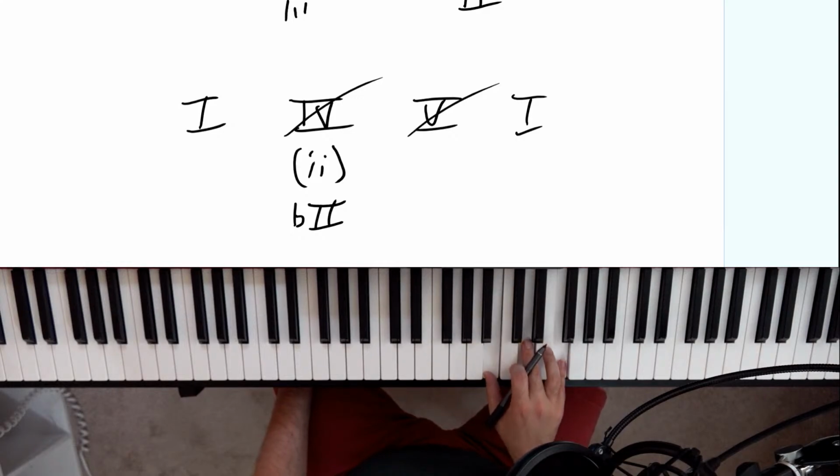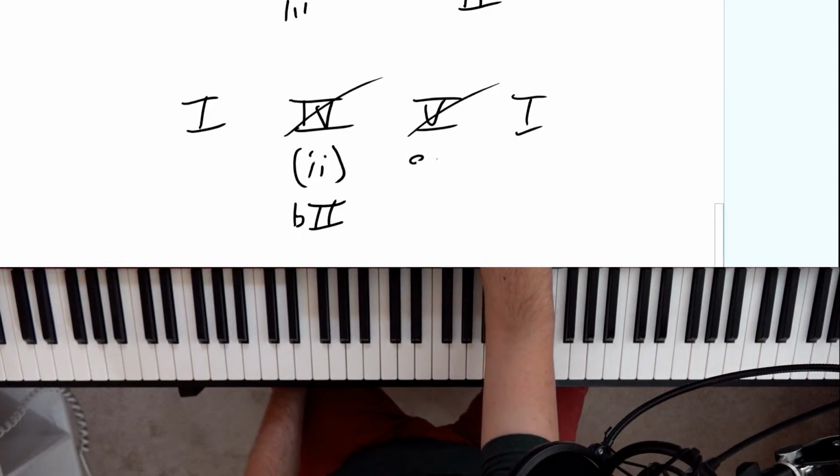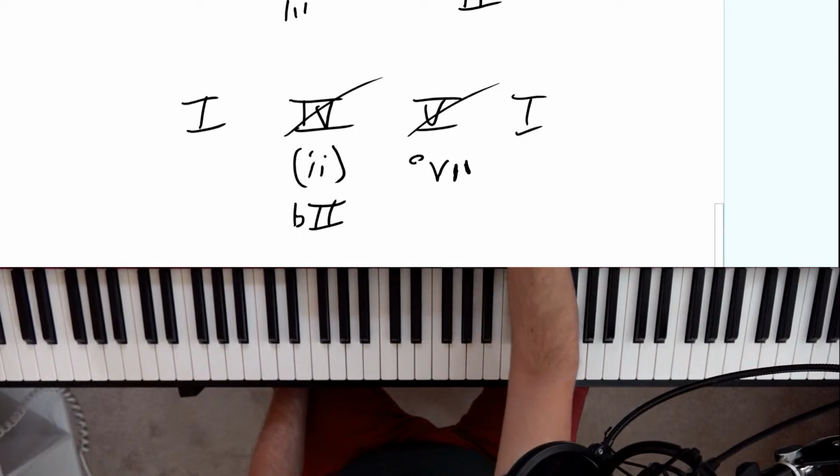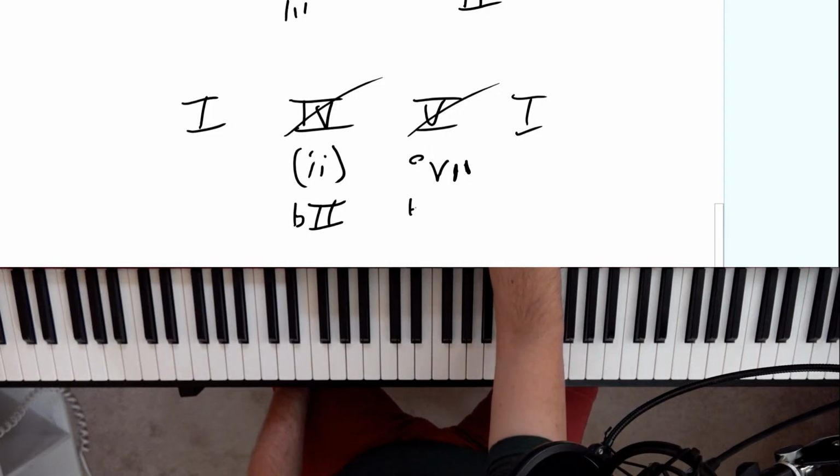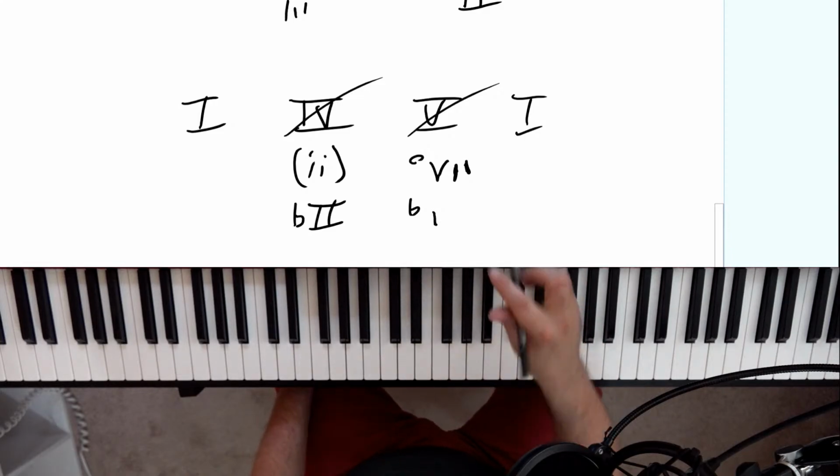Instead of a B, so normally it would look like this, which is 7 diminished, which happens to be a B diminished chord. We're just going to lower that bottom note. So really, we're taking our normal substitution. We're just flatting some of the notes, usually the bottom note or the top note. So that would be flat 7.